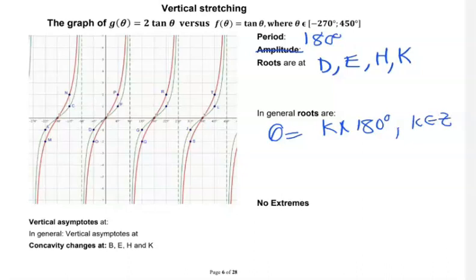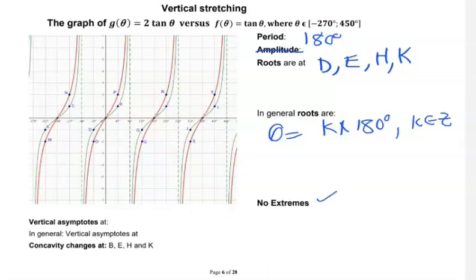Again, we can test our formula by substituting values for k into the solution. Again, we see there's no extremes, and then we have to look at the vertical asymptotes.